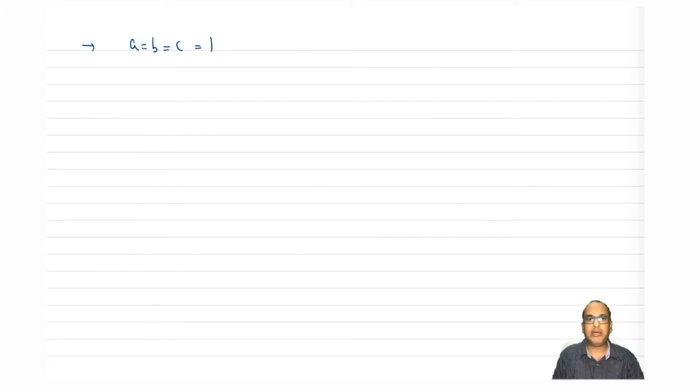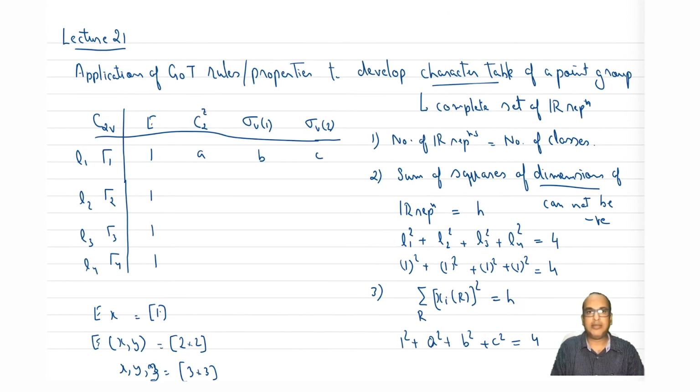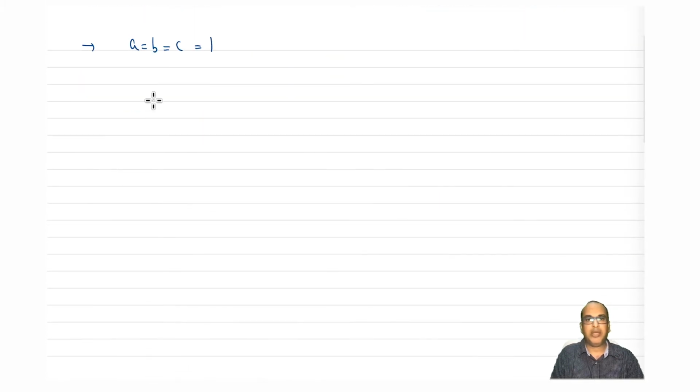So we can populate this table as, let me remove this and write down 1, 1, 1, right? Now let me write A, B, C over here. Now we need to solve for this.